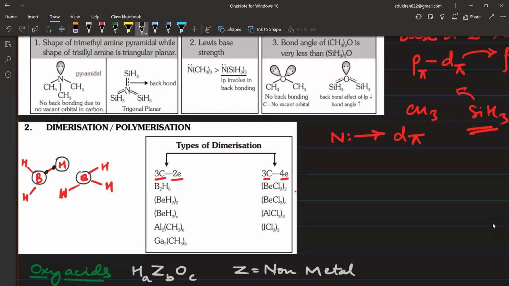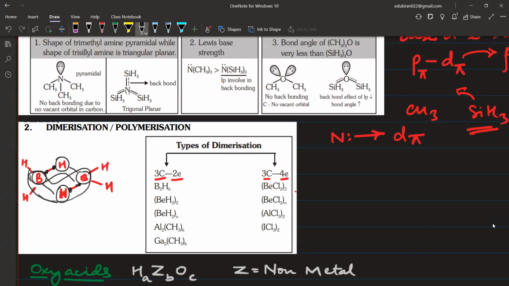Electron deficient. It is not having 8 electrons. So they also included this boron in their bond. Similarly, these 2, boron and hydrogen, included this boron in their bond. So now you can see these 3 are making one bond, and there are 3 centers. That means boron is one center, hydrogen is another center, and this boron is another center. But the number of electrons in this complete 3-centered bond is only 2 electrons.